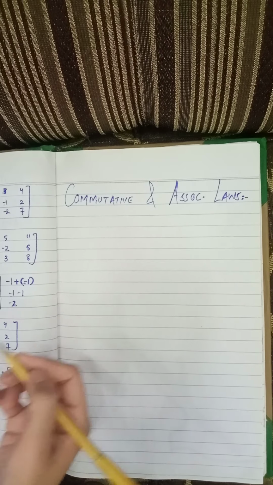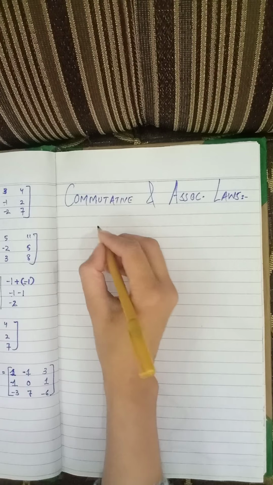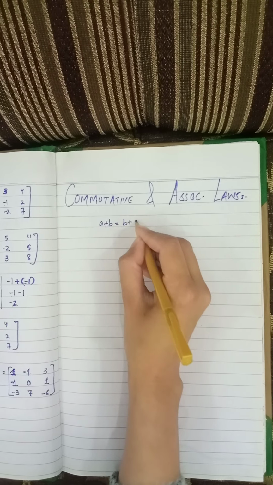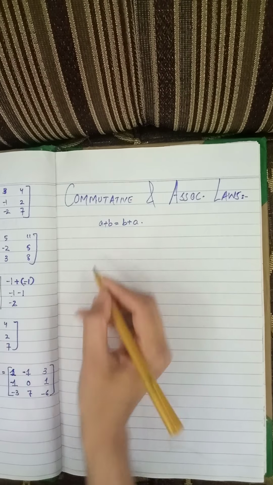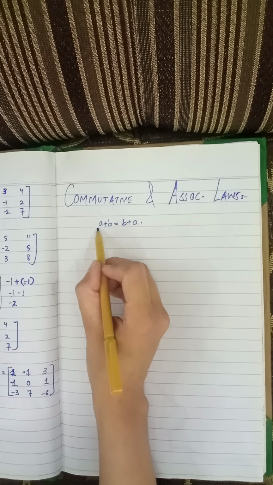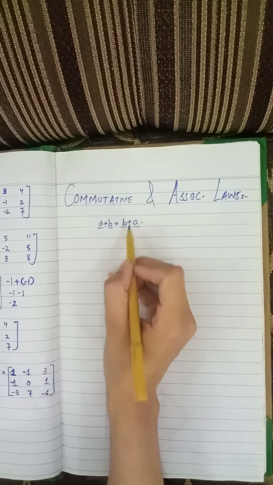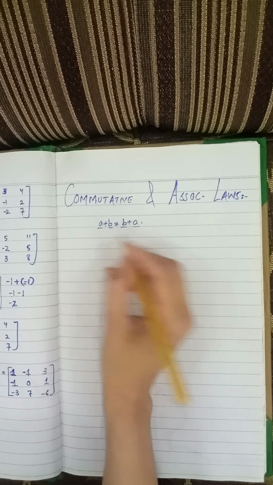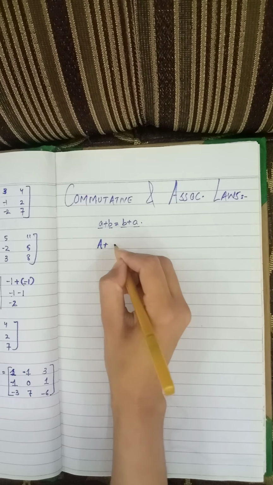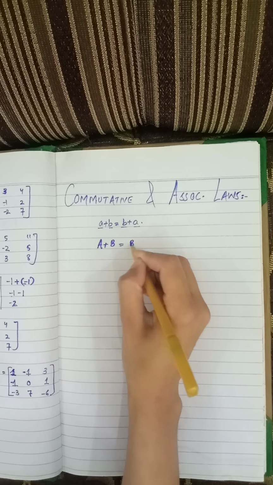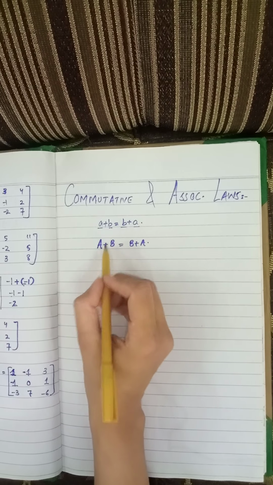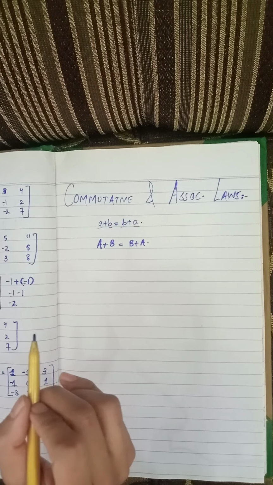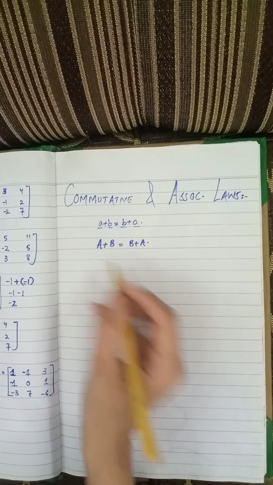Basically, the commutative law is like this: a plus b gives b plus a. In matrix addition, matrices are denoted by capital letters, as I told you in an earlier video. So it would be like this. It's about the order. The order is the first priority.